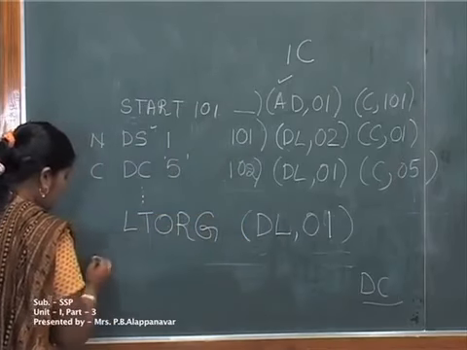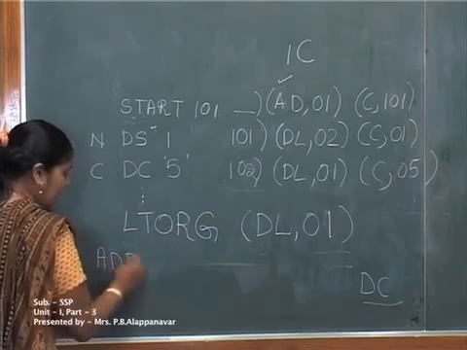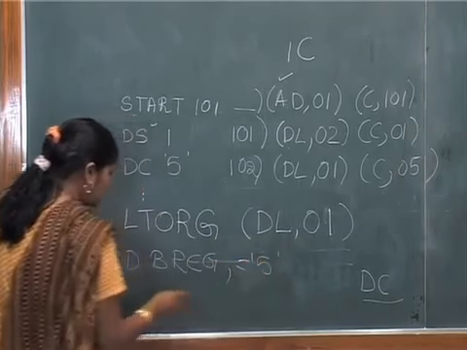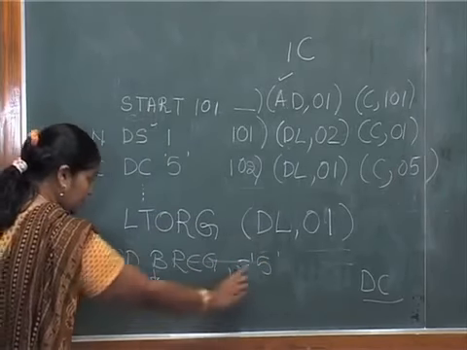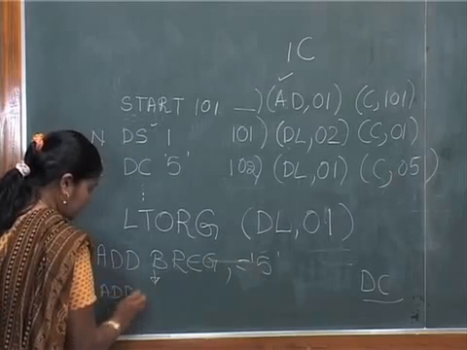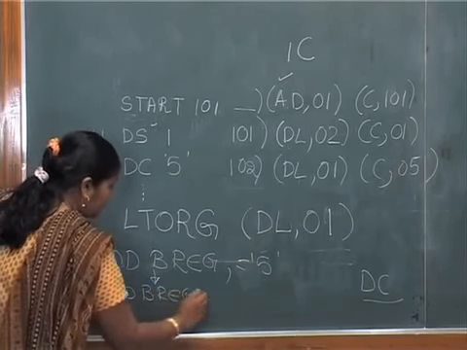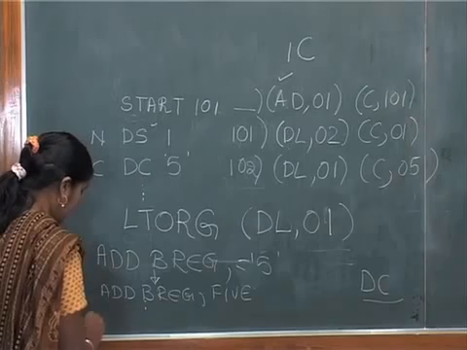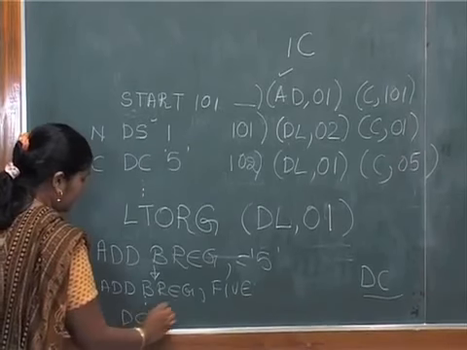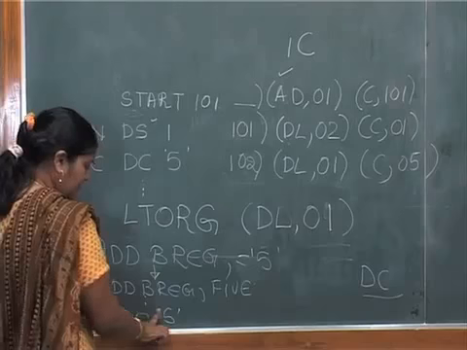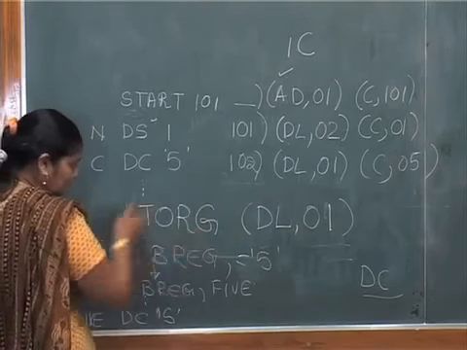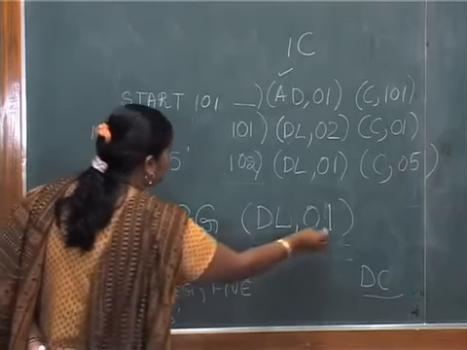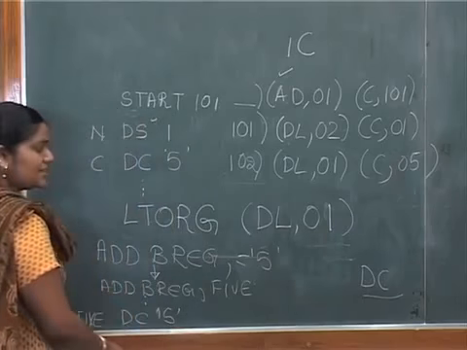For example, if I have a literal, say ADD BREG, equals 5, we've already done this. The assembler would treat this statement as ADD BREG and give a symbol name to a memory operand, and in that memory operand it would associate the value 5. So that is why when we encounter the LTORG statement, we are treating it as a declaration statement and its associated code as 1, because for DC it is 1.